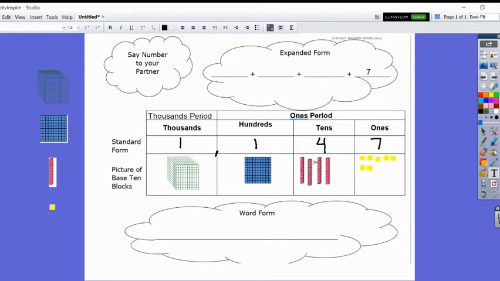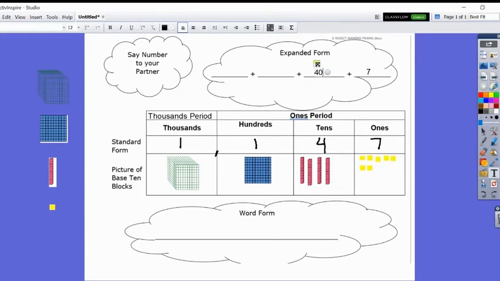Now we're going to groups of 10. How many groups of 10 do we have? Well, under standard form, and by looking at the picture, there's 4 groups of 10. But remember, what does value mean? Worth. How much is this worth? Let's skip count. 10, 20, 30, 40. You're going to write 40.